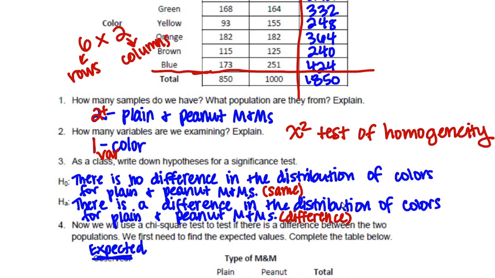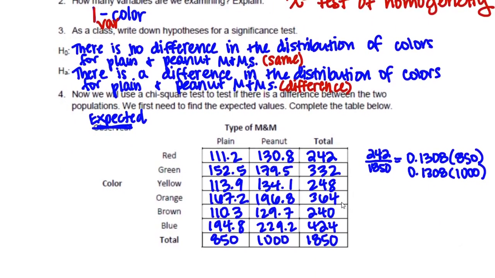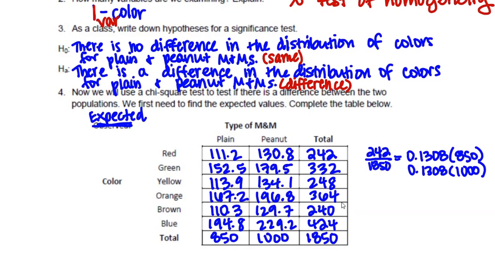So you might see same for the null and difference for the alternative. And then for the expected counts, what we did was we really took the idea of that independence from the warm-up, and if there is no difference in the distribution, then the proportions should be the same all the way across. So what we did actually was P of red should equal P of red given plain, and P of red given peanut.